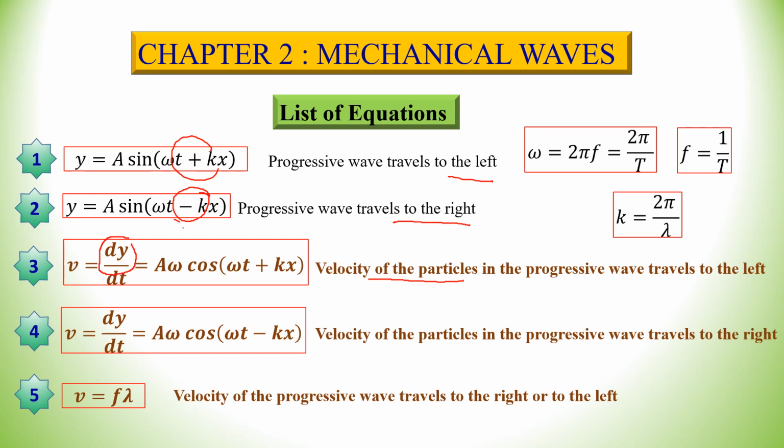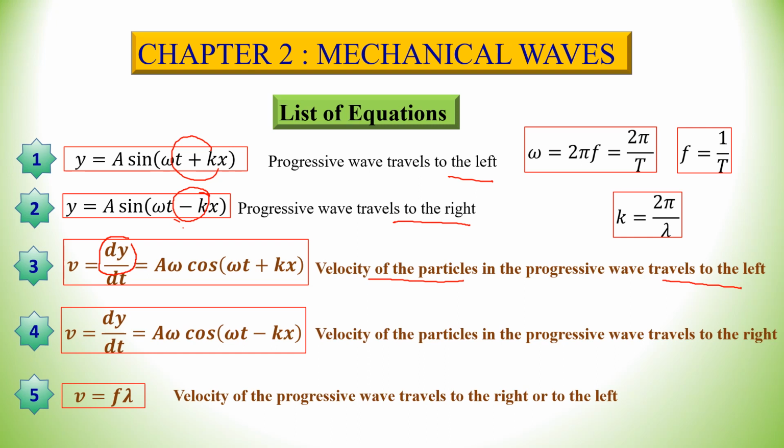So v equals to dy dt. So for point number 3, the velocity of the particle in the progressive wave travel to the left.